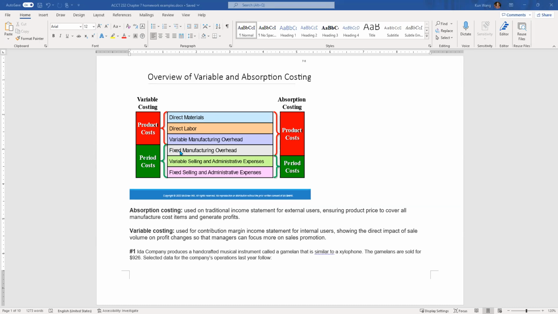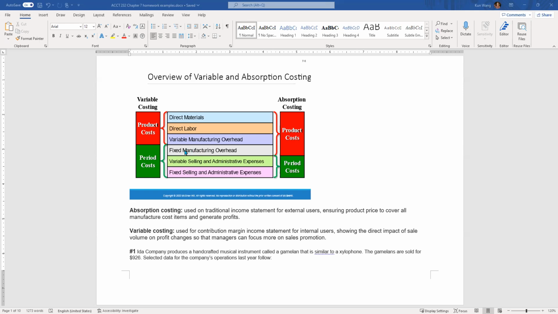So this is the key difference between variable costing and absorption costing, the different ways we treat the fixed manufacture overhead. Under variable costing, all of the fixed manufacture overhead will be deducted in your income statement. Not a single dollar of the fixed overhead will be absorbed by the unsold finished goods.